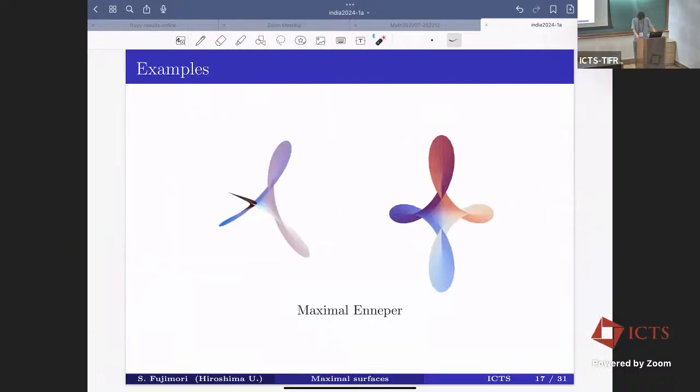And we have some examples. We set the Weierstrass data as the Enneper surface, the same data as the minimal surface. Then we have this kind of surface. From the top view, we see that these are singular sets. In the Enneper surface, G equals just z, and eta equals dz. And so the singularity is the modulus of z equal to 1.